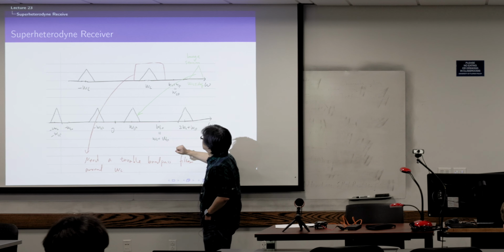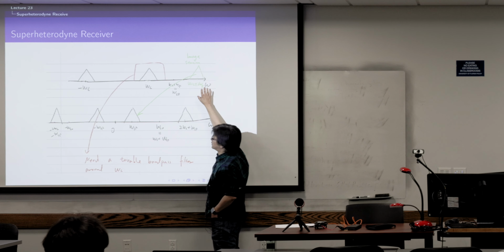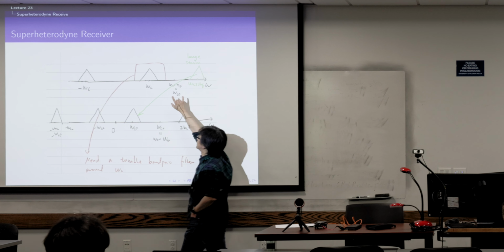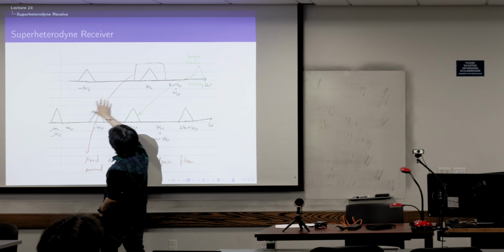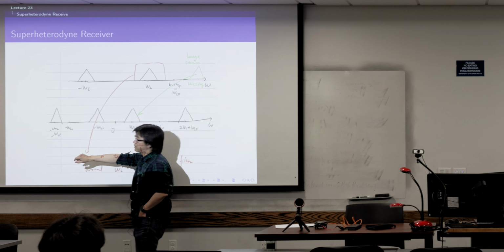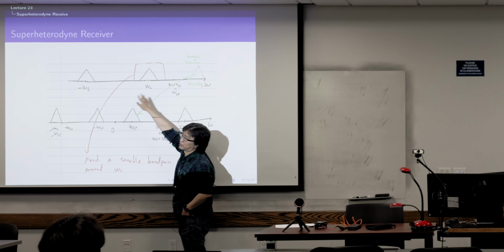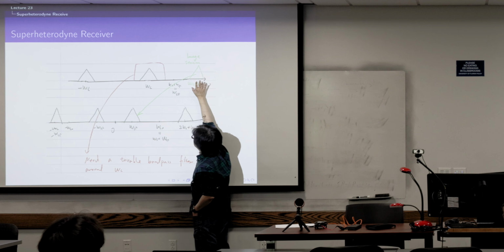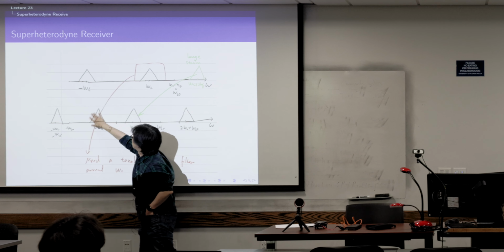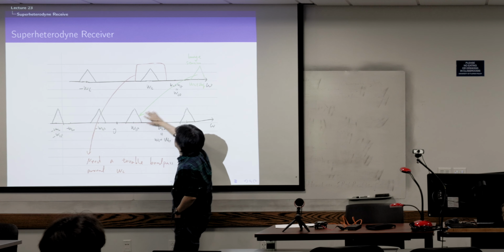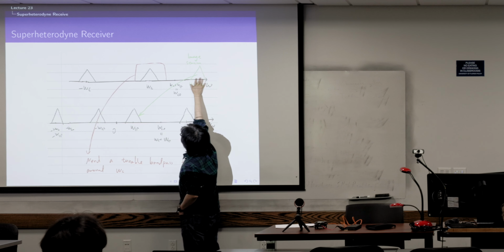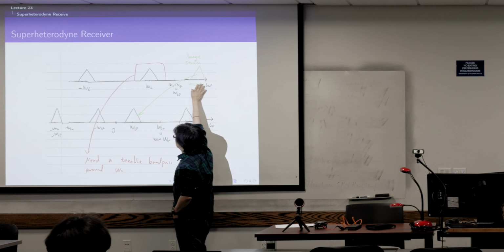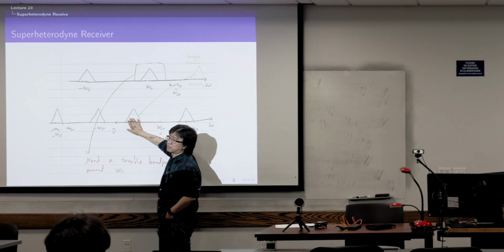But the downside here is that we have the problem of the image station, right? When we shift the signal to here by multiplying by a cosine, we shift everything. So this signal and this signal is what we care about, right? If we originally have something here, then we're going to shift that to here as well, right? So that can cause a problem.